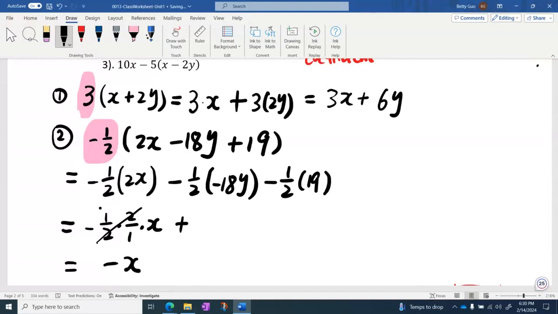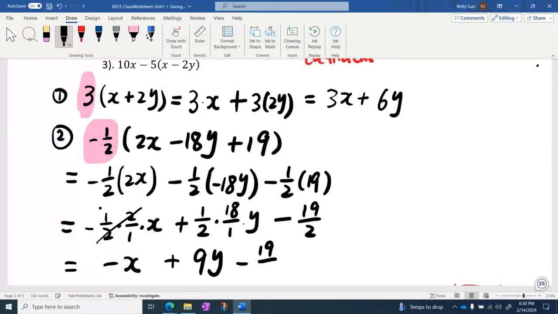Negative times negative is positive. So this is 1/2 times 18/1. Half of 18 is 9, right? So we have 9y here. And the last term is going to be negative. Half of 19 is just 19/2, and that is simplified enough.